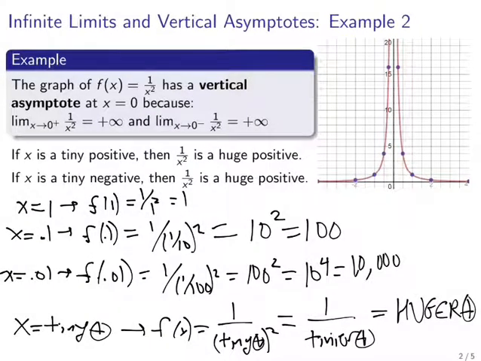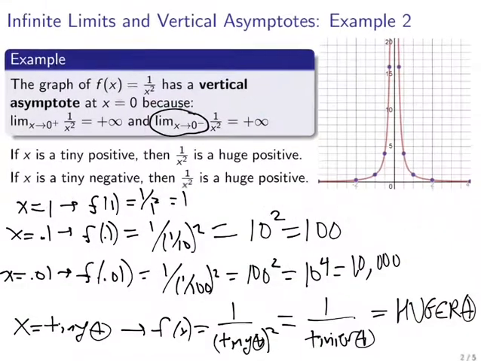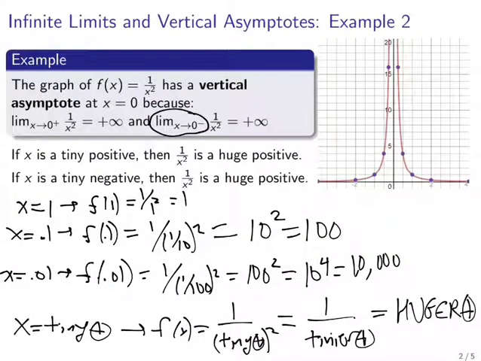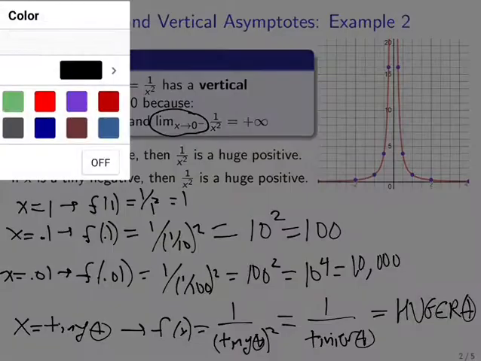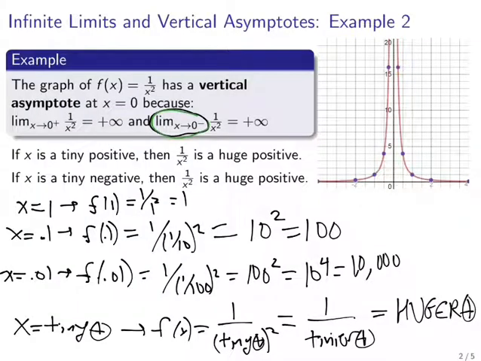But also the big difference between this and the previous example is that even as I approach 0 from the left, if I have a negative input, then the same stuff is going to happen, and the squaring is going to make it so that I still have positive outputs happening. As I approach 0 from the left and have a negative input, what is that going to change?